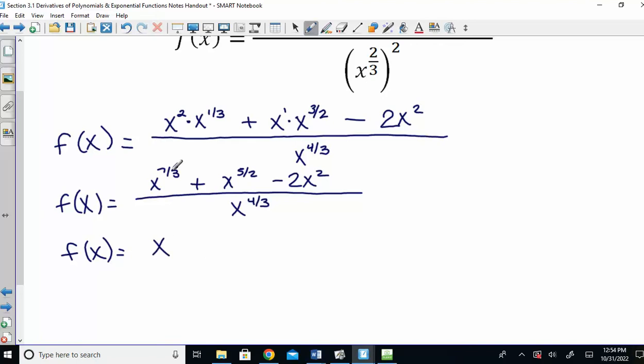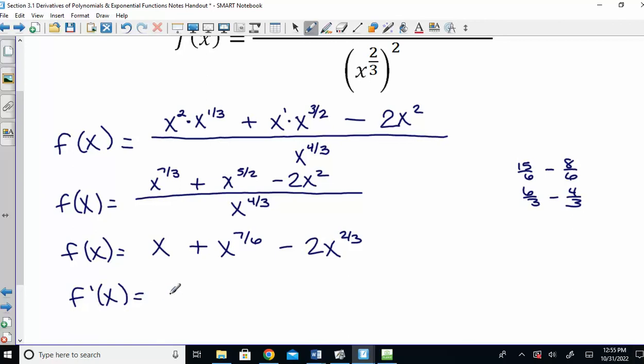When you divide, what do you do with your exponents? Okay, so 7/3 minus 4/3 is 3/3, or just 1. 5/2 minus 4/3 would be 15/6 minus 8/6. That's the 7/6. Okay, minus 2. So 2 is like 6/3 minus 4/3, so that would be x to the 2/3.